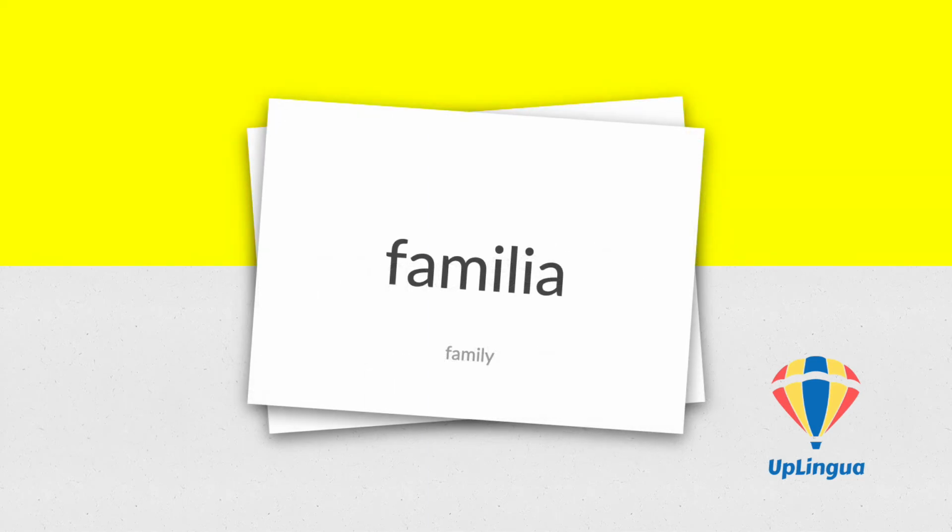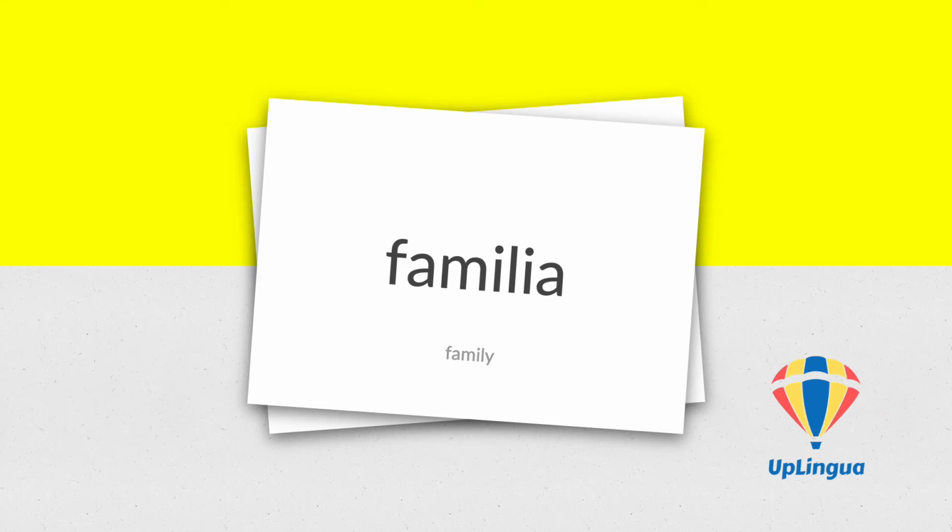The next word we have is familia, family. If we were using our typical English sounds, the word familia would be pronounced fa, as in father. The mi becomes me, as in give that to me. So we're at fa, me.